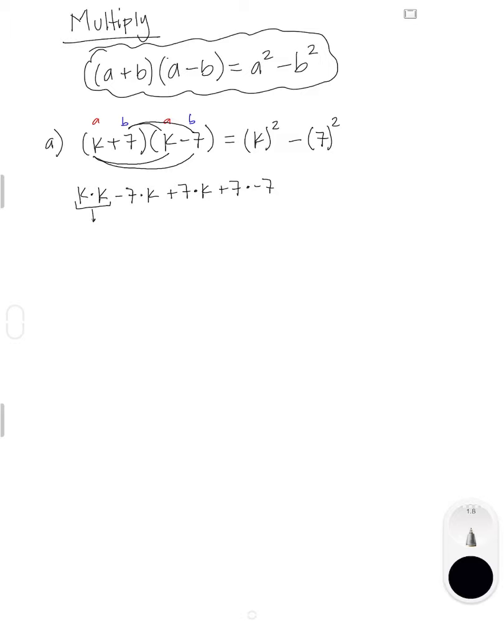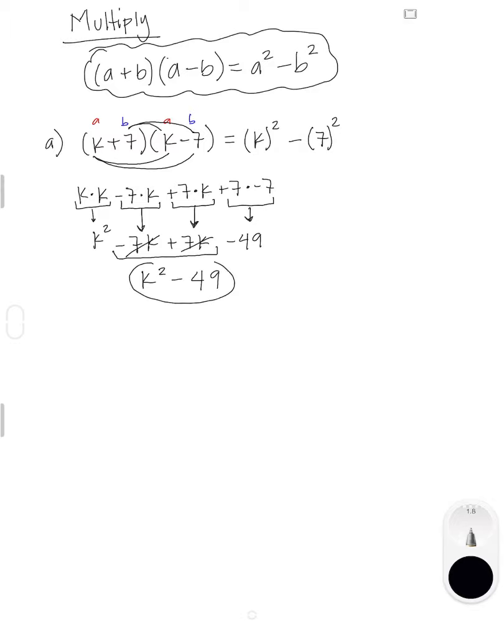So on the first one we have k squared, and then minus 7k, plus 7k, and then minus 49. We notice that the terms in the middle cancel out because we have negative 7k plus 7k, which is 0k. And we're left with k squared minus 49, which is actually the same as this, right?